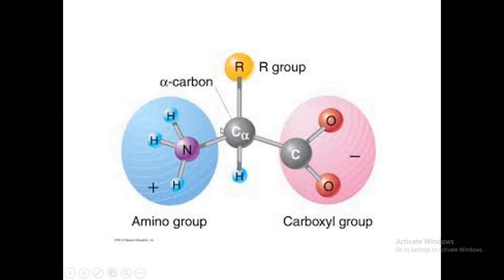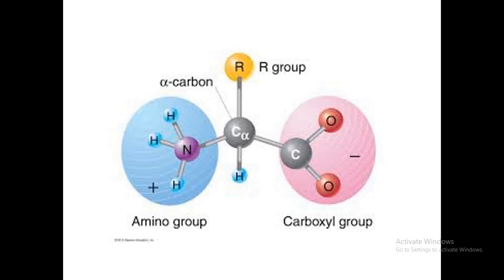All 20 amino acids have different side chains. Due to the differences in the side chains, we have different types of amino acids. We will see in the next slide what the different types are.